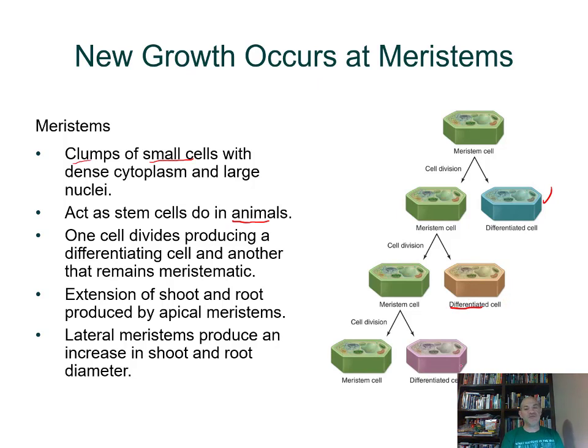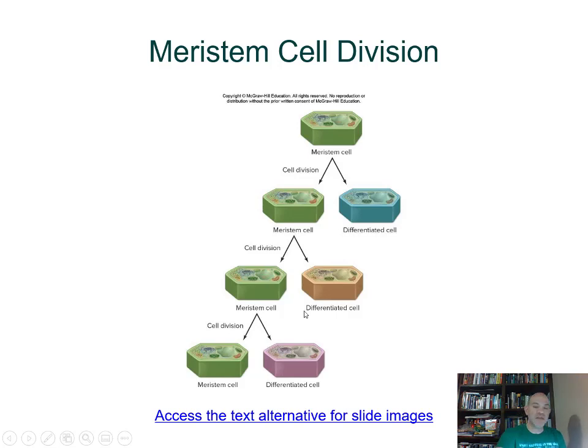And this one goes into a different cell type of the same kind of tissue. The point is that the meristem is undifferentiated.